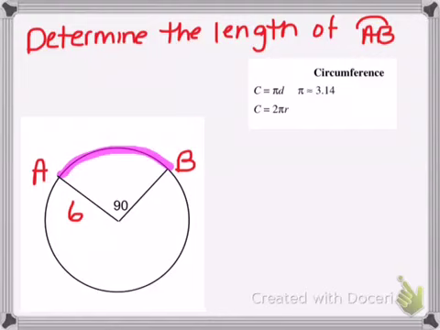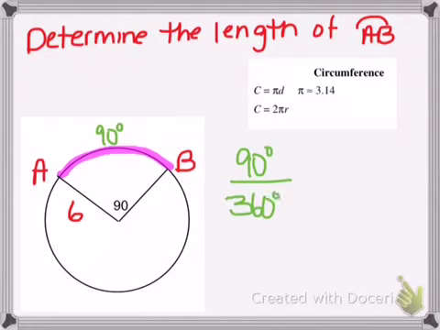Now, we want to use this to determine the length of an arc. We already know how to find the measure of an arc. It's in degrees. The measure of arc AB would be 90 degrees because the central angle is equal to 90. I want to use the fact that they're similar. So I'm going to say the part of the circle, the arc, is 90 degrees, and the whole circle is 360 degrees.